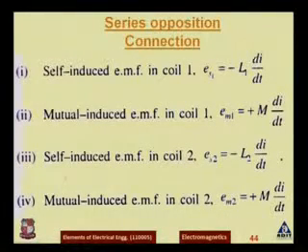In the series opposition or differential connection, the self-induced EMF in a coil is equal to minus L dI by dt, but the induced EMF due to the mutual coupling in coil 1 is equal to plus M dI by dt. Similarly, the self-induced EMF in coil 2 is equal to minus L2 dI by dt, and the mutual induced EMF in coil 2 is EM2 is equal to plus M dI by dt.